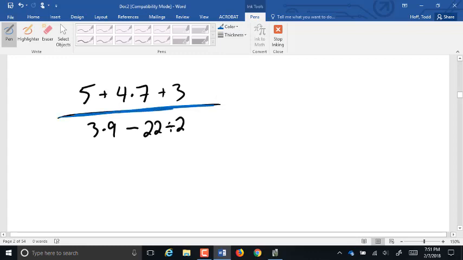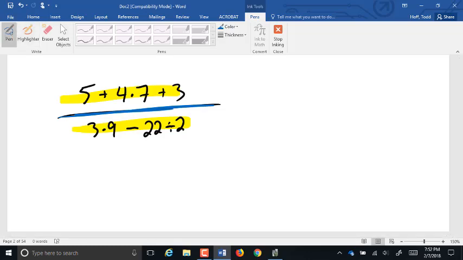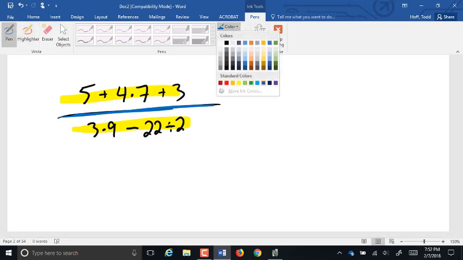It's called the fraction bar. It means divide, but it's also one of the enclosing symbols. It separates one part of the problem from the rest. So that means we have to do everything on top first, then do everything on the bottom, and then we divide. So it's almost like doing 2 separate problems and then dividing those results.